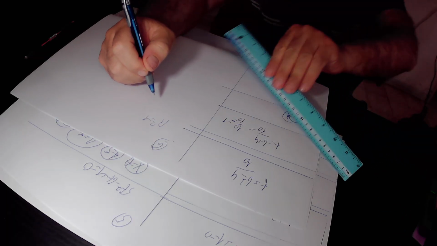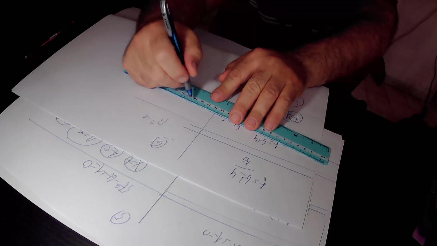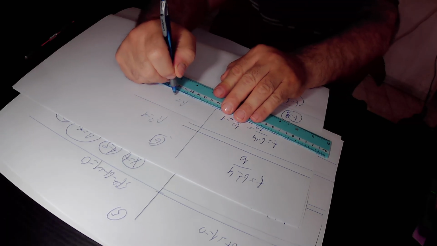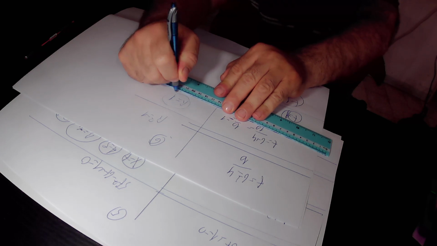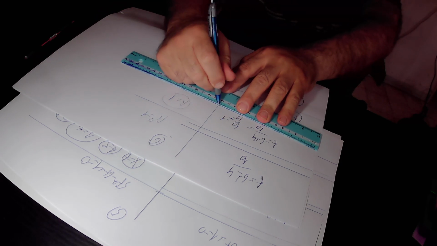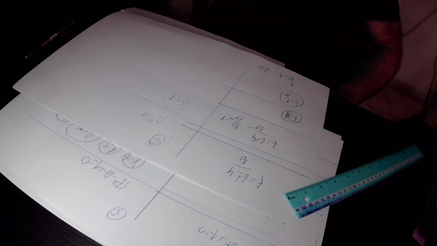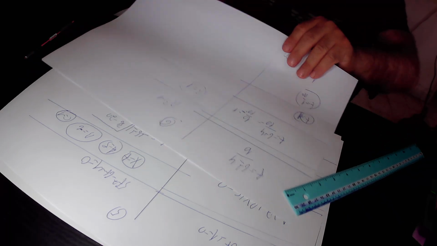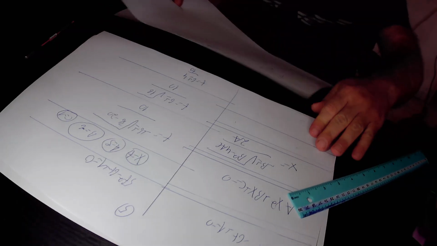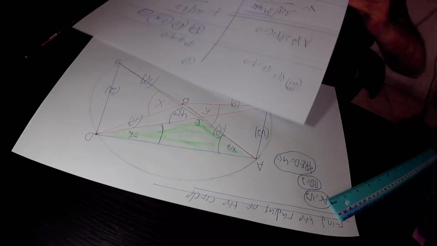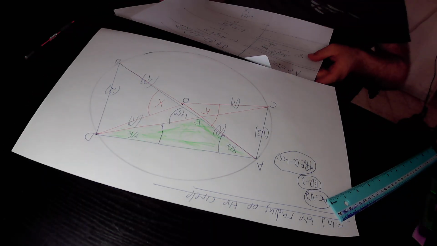Here we take a root of this equation. And finally we get that the value r that we are looking for is the square root of 1, that is 1. So we found out that the radius of this circle is equal to 1 unit.